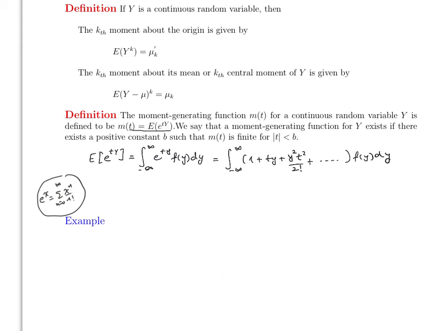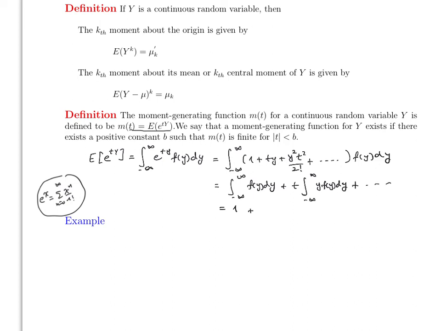Okay, so notice this will break it into an infinite number of integrals, but the first one obviously is just the density function, whose integral should be 1. Then the second will be t times the integral from minus infinity to infinity of y f of y dy, and so forth.